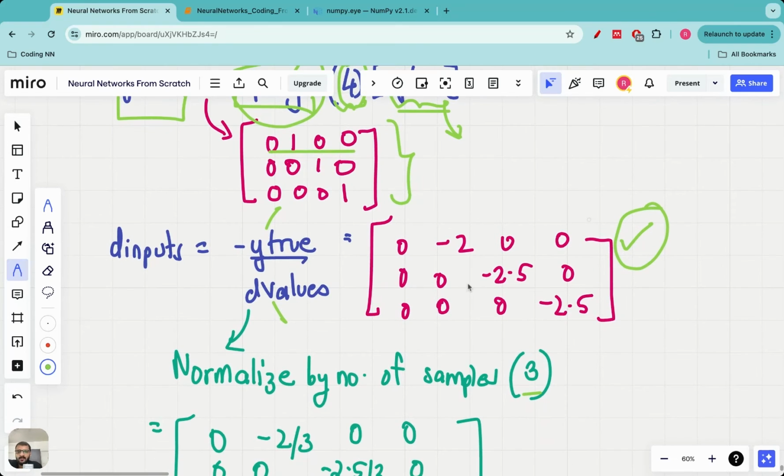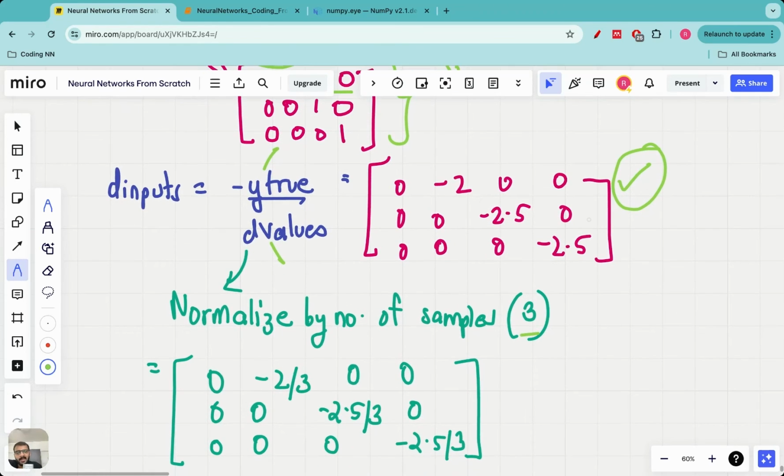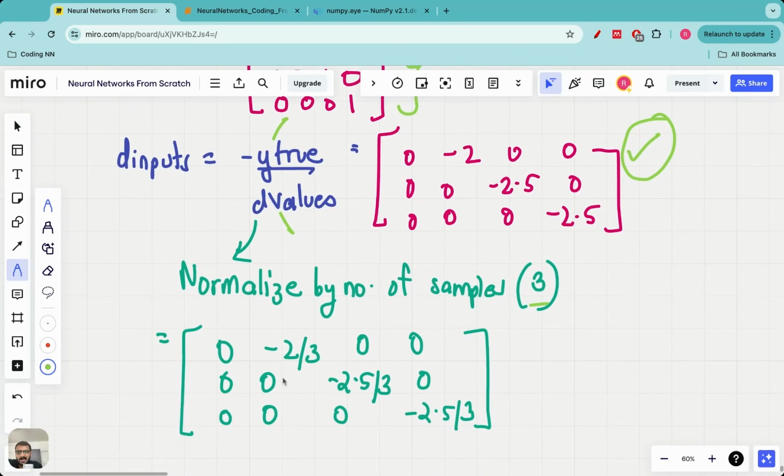In the actual code, we won't stop here, but we will normalize every single element of this matrix with the number of samples. The reason we perform normalization as the last step is when we do gradient descent later, we will actually add the gradients for every single sample. So if you don't do the normalization, then the derivatives may blow up to a huge value, and we do not want to do that because it makes convergence very difficult.